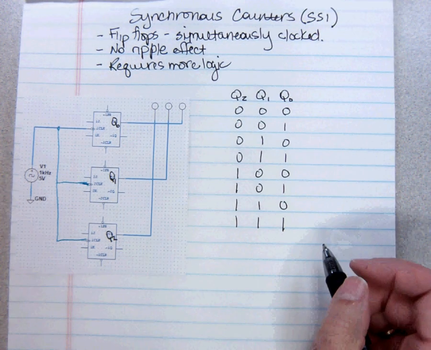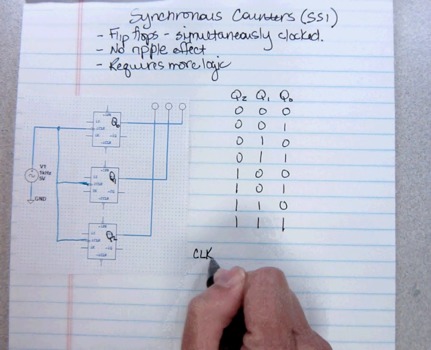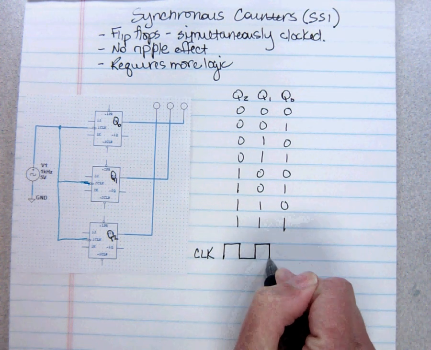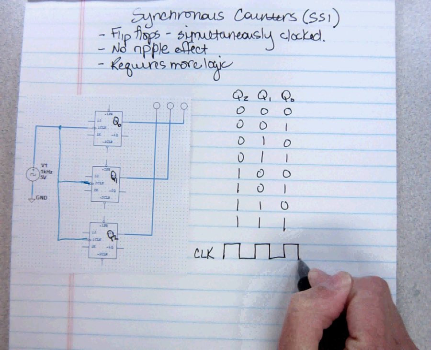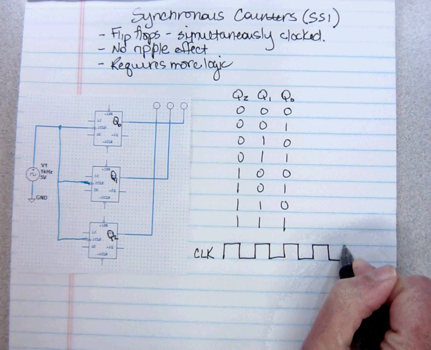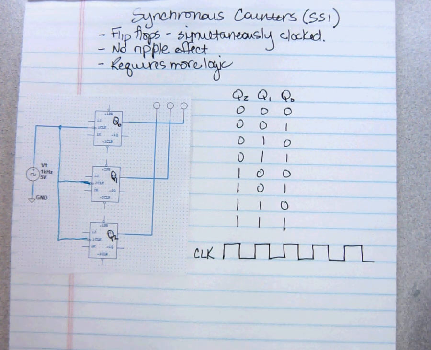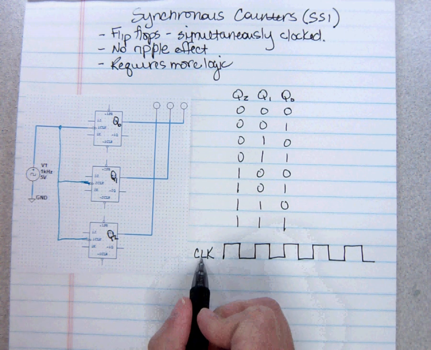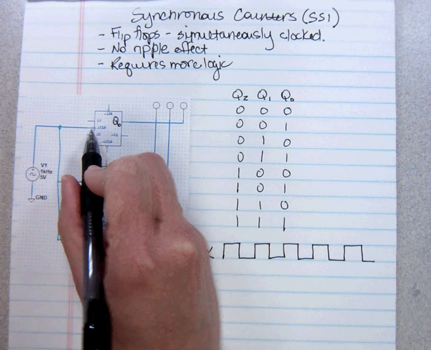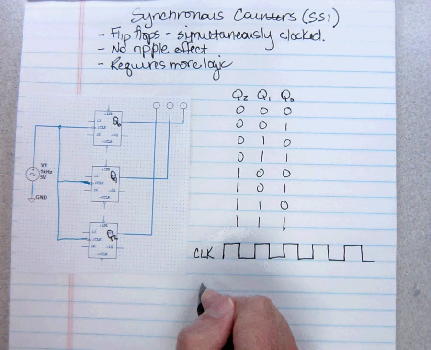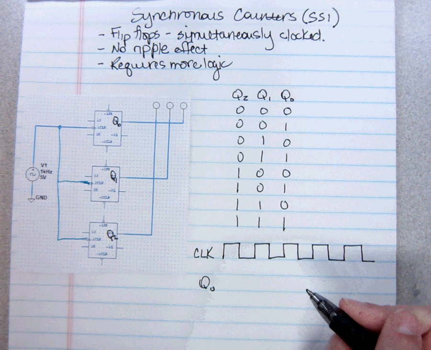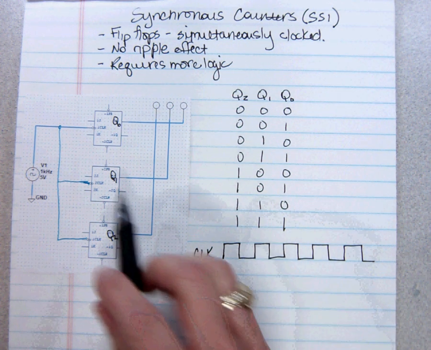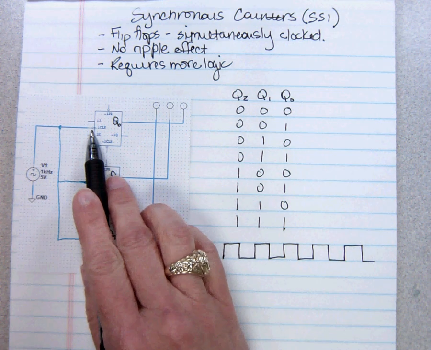So let's remember that we're going to have our clock input. Our clock input is going to look like this. It's going to be doing a regular frequency rise and fall. Q0 is going to be the output of the flip-flop. So our clock will go to the input of our first flip-flop. The output should look like this. We're going to notice that our clocks are falling edge triggers.